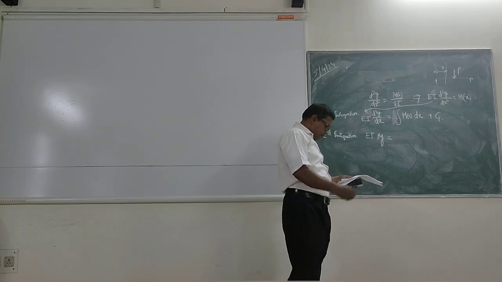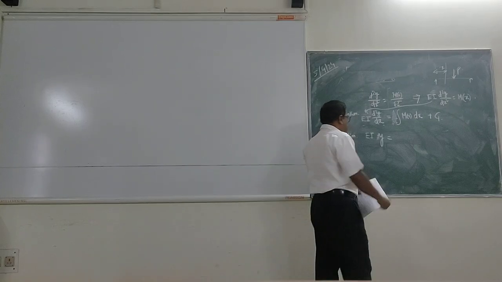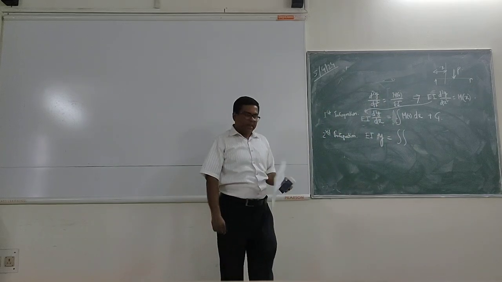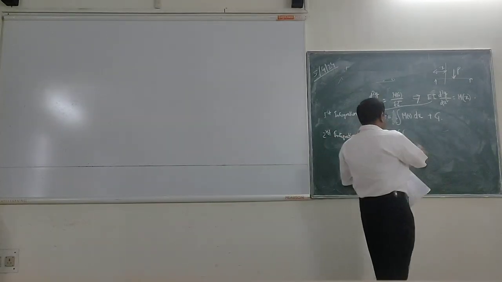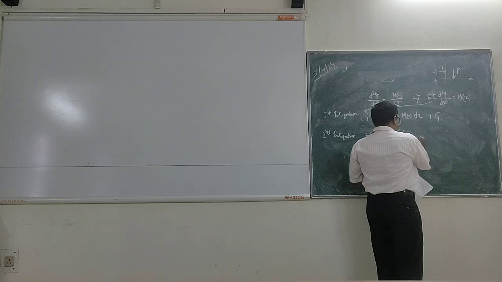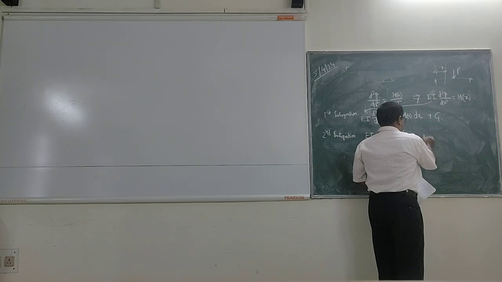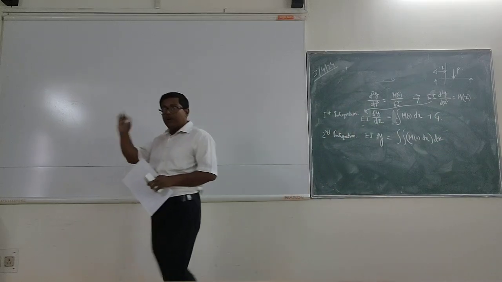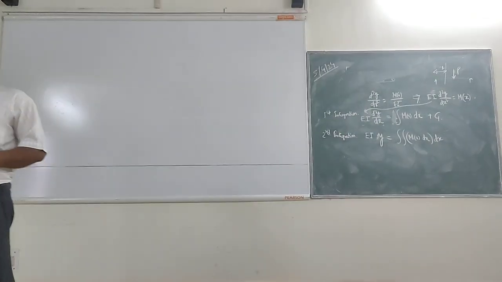So I will get a double integral, because one integral I already have. I will have the double integral of M(x) dx, and then there will be another dx term coming in. Very clearly try to understand. It is double integration, right?